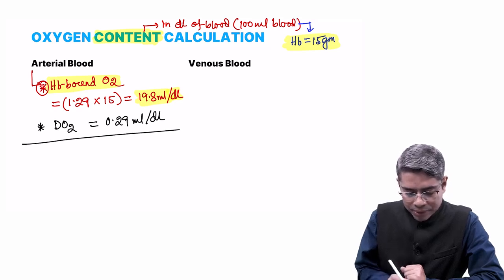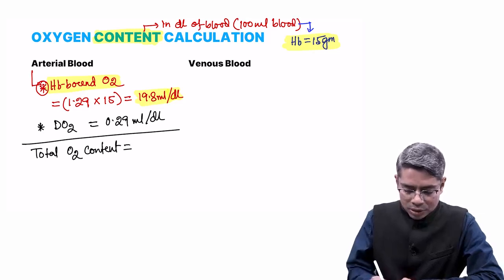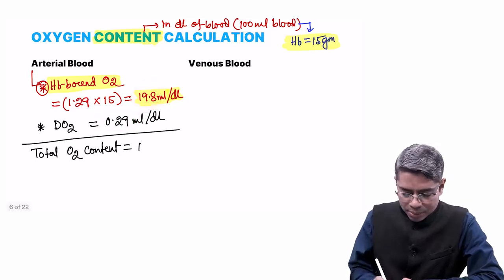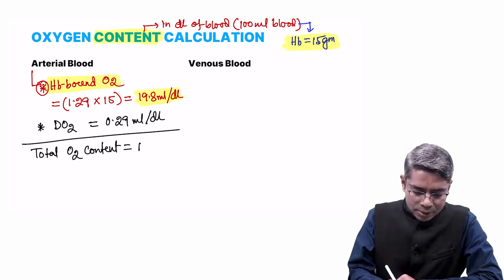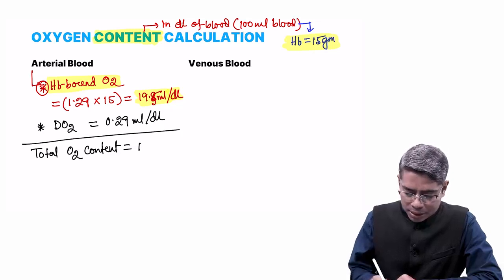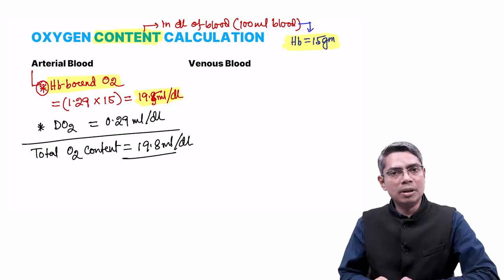So, what is the total oxygen content of the arterial blood? Total oxygen content of the arterial blood will be the addition of this 19.8 plus 0.29. So, total will be 19.8 ml or approximately you can say 20 ml of oxygen per 100 ml of blood.